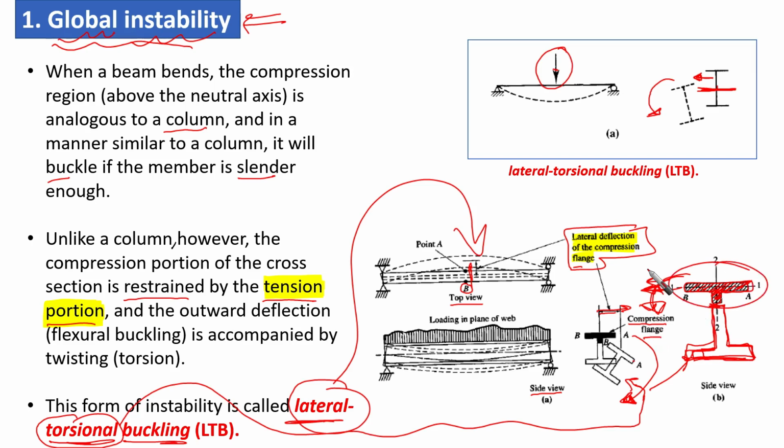Okay, anyway, the discussion from this slide is going to give us something that is very important for understanding the beam behavior or steel beam behavior. We call it LTB, lateral torsional buckling. It is a phenomenon that is related to the global instability of the beam.